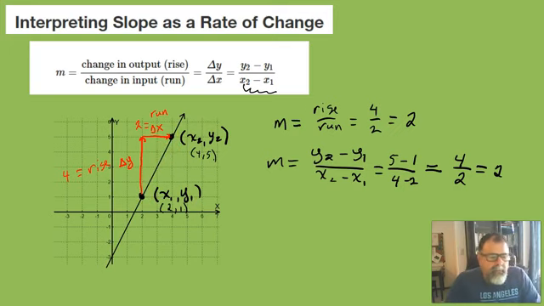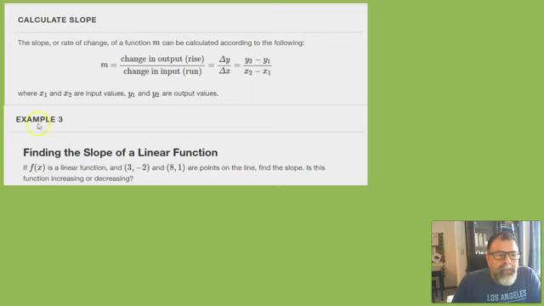So either way. Okay, let's try example 3, finding the slope of a linear function. If f of x is a linear function and (3, negative 2) and (8, 1) are points on the line, find the slope. Is this function increasing or decreasing?